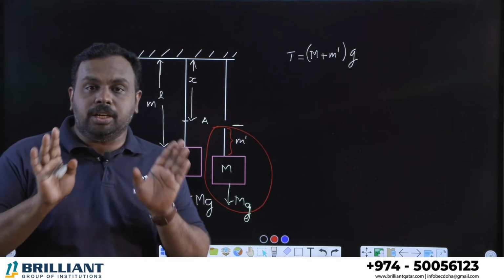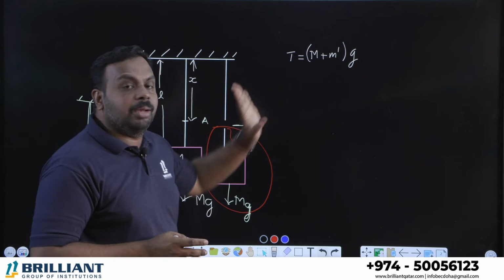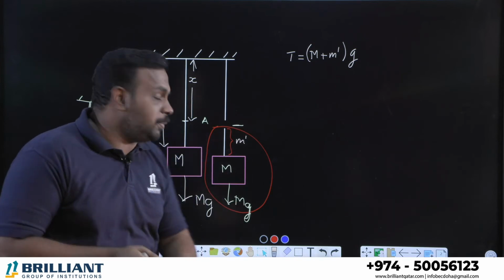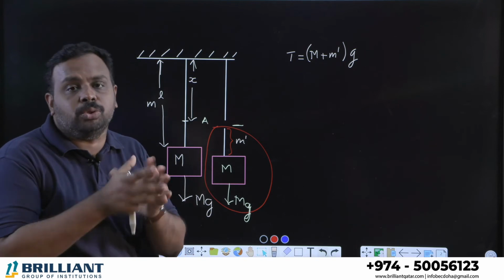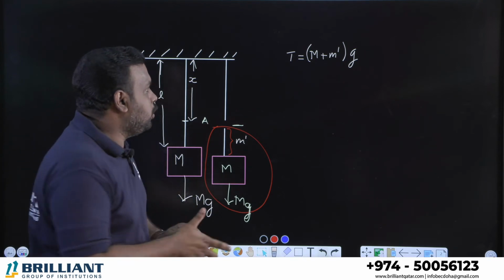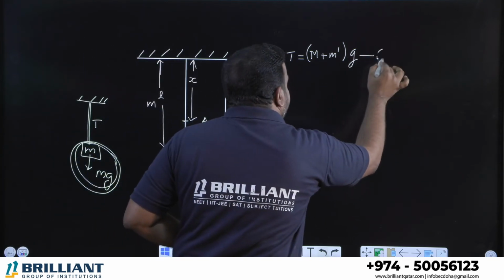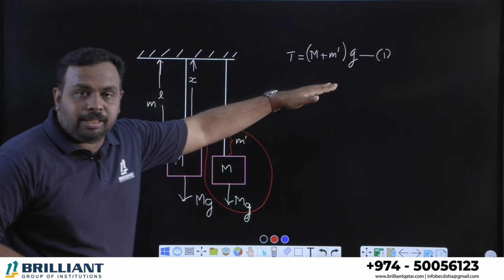So here the only unknown is m dash. If you can find m dash, that means the mass of this much part of the string, you can easily find the tension. So how to find m dash? All of you listen, this one I am taking as equation number 1. I think this idea is very clear.